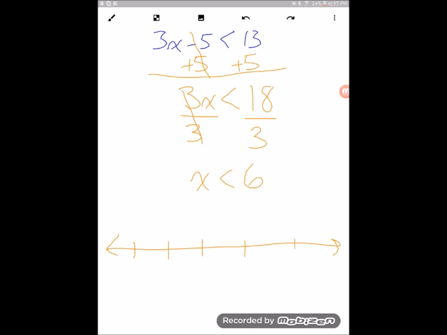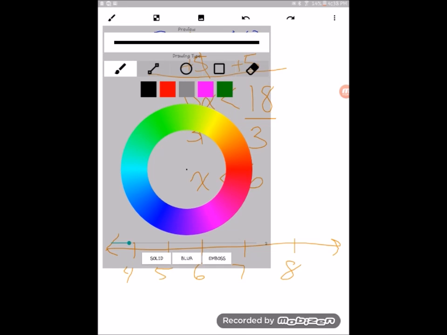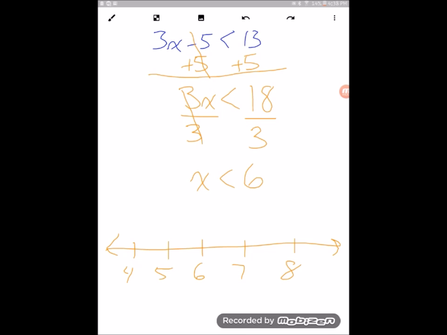So I'm going to graph my number line here, and we'll start with, I guess, 4, 5, 6, 7, and 8. Now, we are dealing with the fact that a 6 cannot make this true. So if a 6 cannot make this true, I'm going to put an open circle at that 6. That open circle is a suggestion that tells me that 6 is not included.